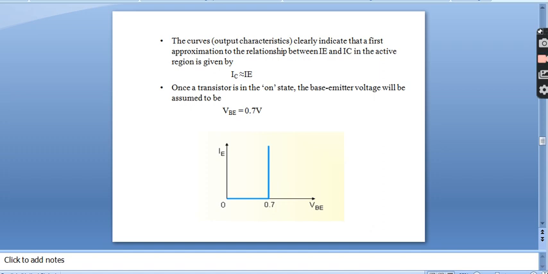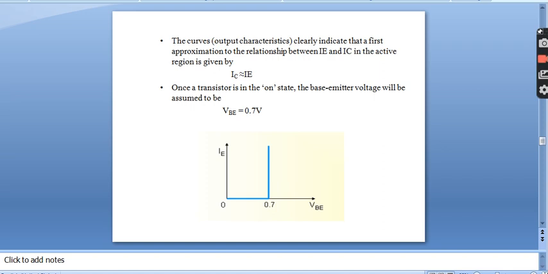Next, once a transistor is in the on state, both junctions are connected in forward bias. In the forward bias condition, the transistor acts like an on switch. So once a transistor is in the on state, the base emitter voltage is assumed to be VBE equal to 0.7 volts.